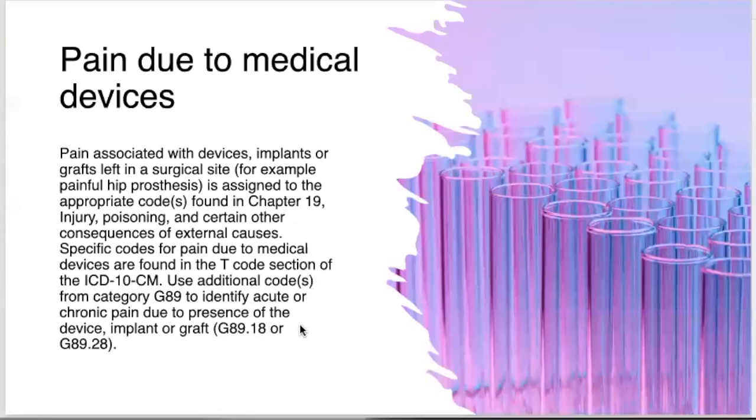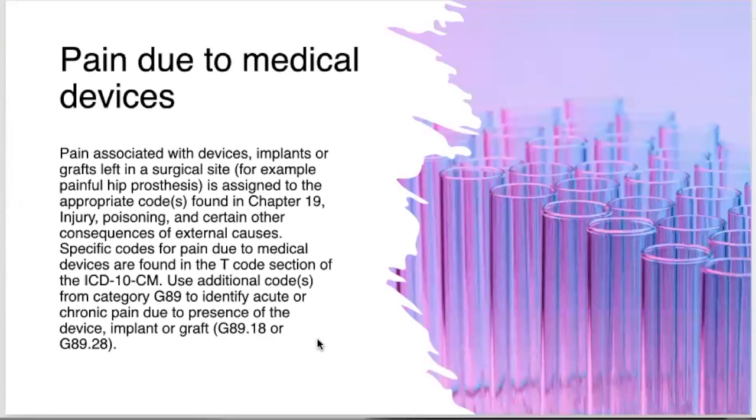If a patient is suffering from an acute pain, post-operative acute pain, then there is a code for that. If you go to G89, I think it's G8918. I'm not so sure, but you guys will have to check that in the tabular. What is your code for acute pain post-operatively? There is also a code for chronic pain.